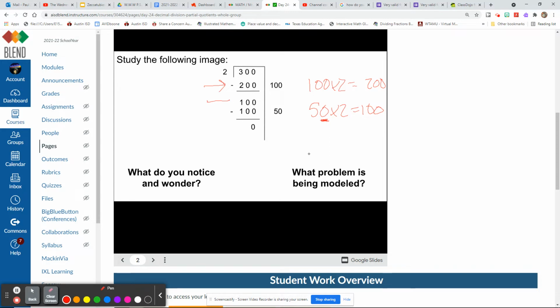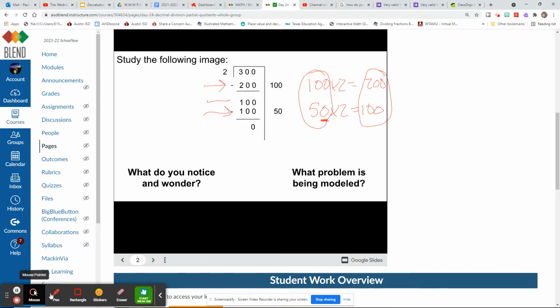So that's why they subtracted 100 right there. And by subtracting 200 and 100, they got rid of their dividend, and that was 150 groups of 2.